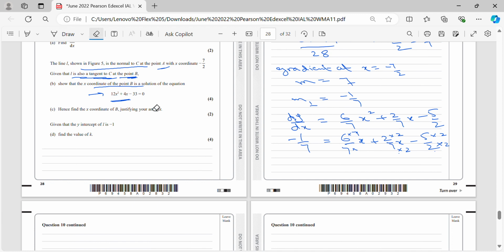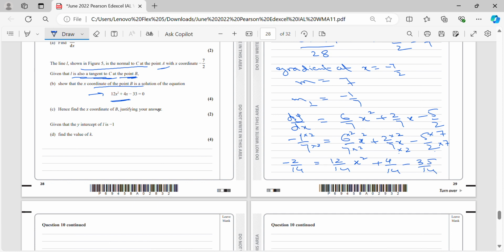So times this by 7 and this by 2. So negative 2 over 14, 12 over 14, 4 over 14, and 35 over 14.